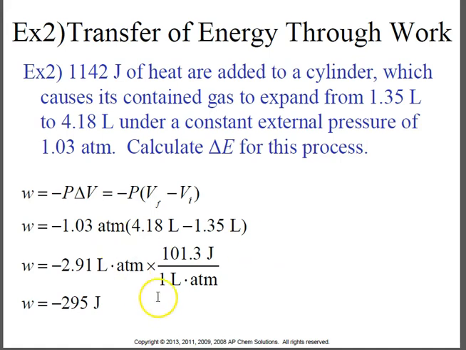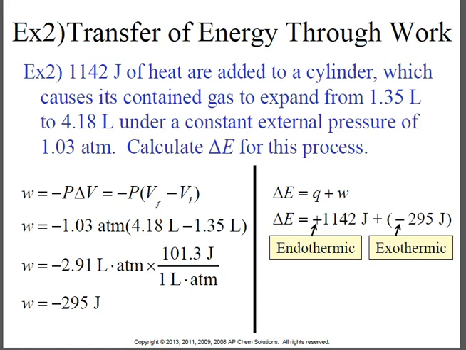We still have that heat, though, that we need to put with it if we're going to find delta E. So we've got Q, which we said should be positive because the heat is coming in, while our work is negative as the system is doing the work of expanding. So altogether, we have a delta E of 847 joules. So that means altogether, there was still more energy coming into the system than going out.